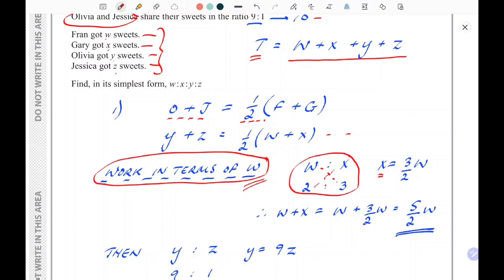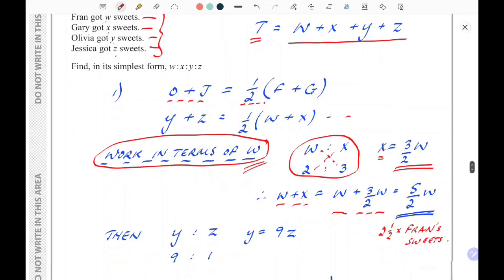So I can replace the X with 3 over 2 W, that value there. So W plus X is the same as W plus 3 over 2 W, and therefore the total number of suites on the right-hand side, i.e. Fran and Gary put together, represents 5 over 2 W, i.e. a total of 2.5 times Fran's suites. So that's the first step.